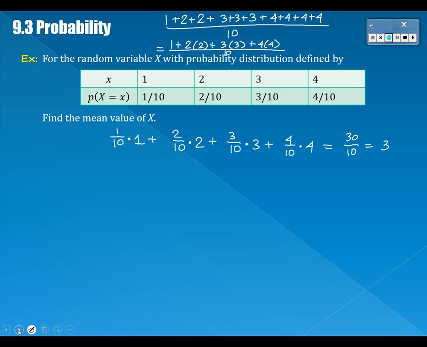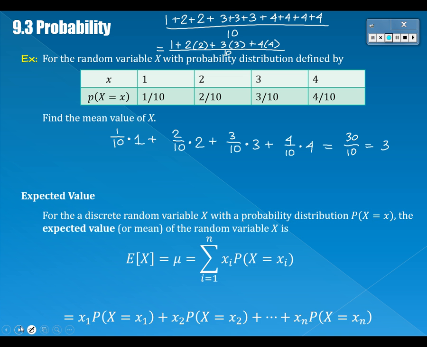Instead of the mean value, those stat people in the room probably know it's also called the expected value. All right, so I wanted to do it once up here as an example. We've done this a bunch of times because the intuition is stronger. I don't want you to be scared by all this nastiness, okay? This is in fact what we just did, and if you're not comfortable with the summation notation, don't worry about it.